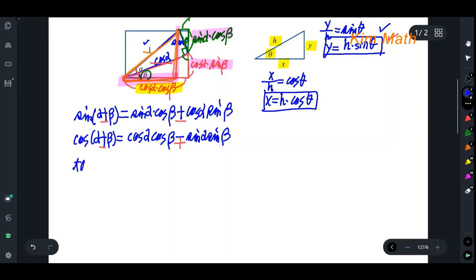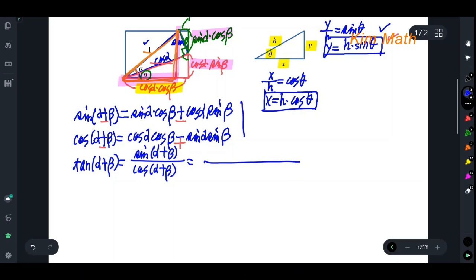If you have tangent of alpha plus beta, by definition, tangent is sine over cosine, so sine of alpha plus beta over cosine of alpha plus beta, right? And we can use these two identities.